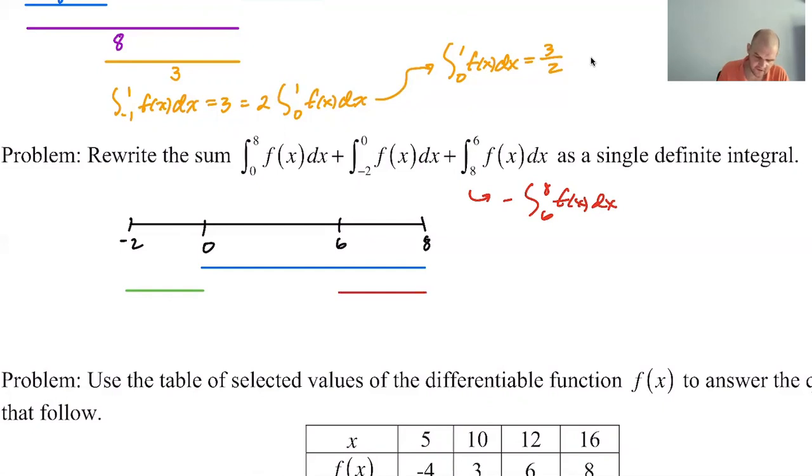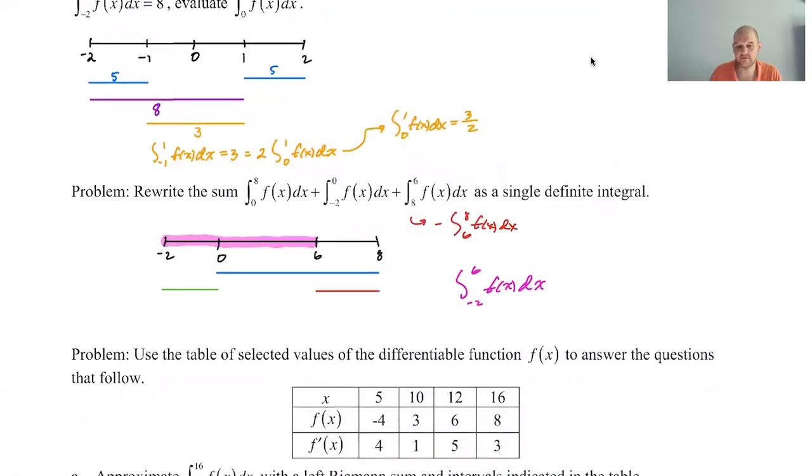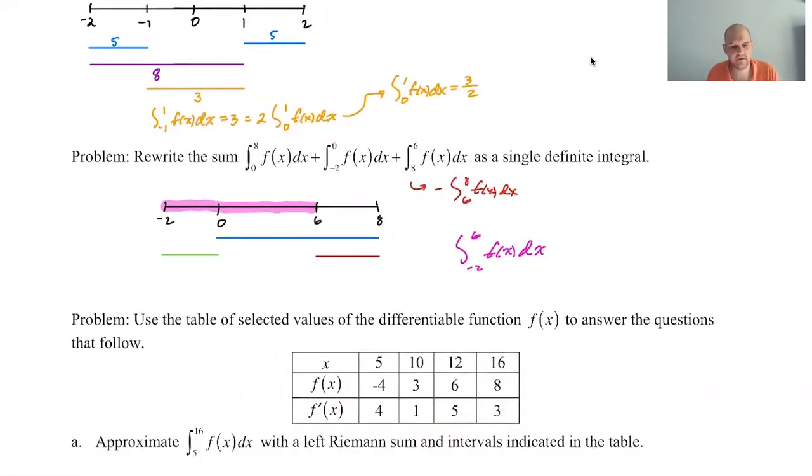So overall, all that we're left with is this, because we went from -2 all the way to 8, and then we subtracted from 6 to 8. So to write it as one complete integral would be -2 to 6 of f of x dx.